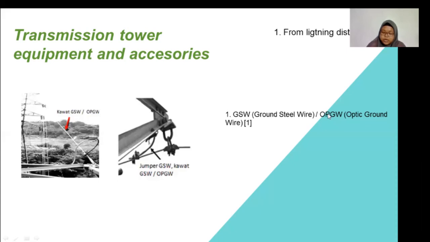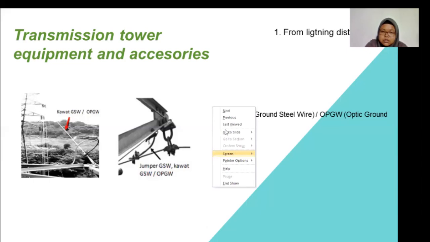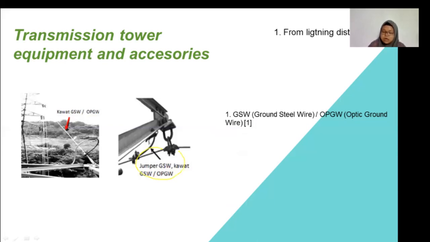This ground steel wire is used to protect the base conductor from lightning. And the ground steel wire needs a jumper. This jumper is used to keep the connection of the ground steel wire and also the optic ground wire.